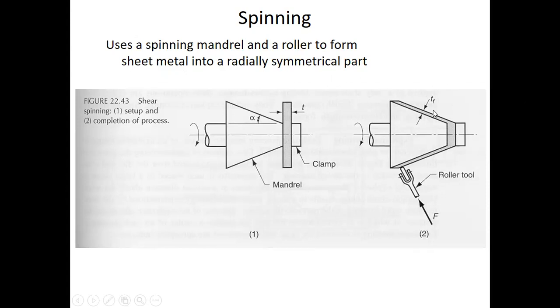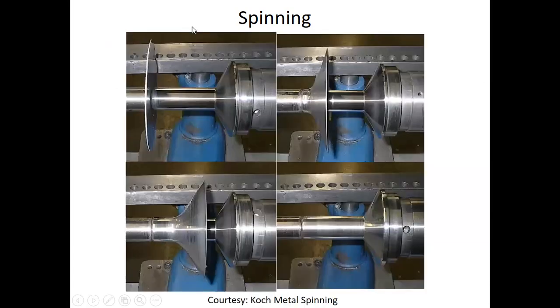We want to have that constant throughout. And the roller tool, which supplies the force, right? Now you see how the sheet is turned from this flat sheet into that shape you are seeing, using that tool.